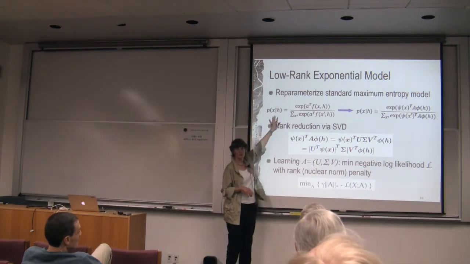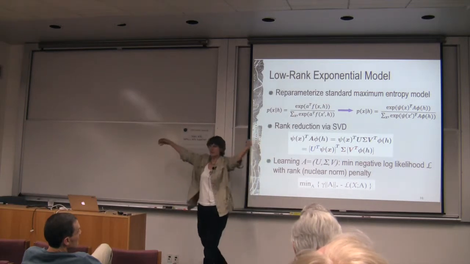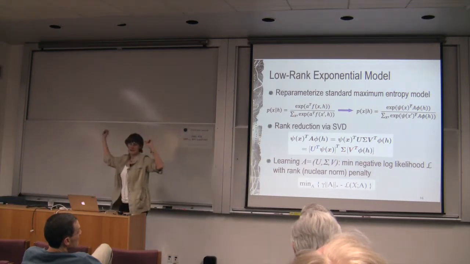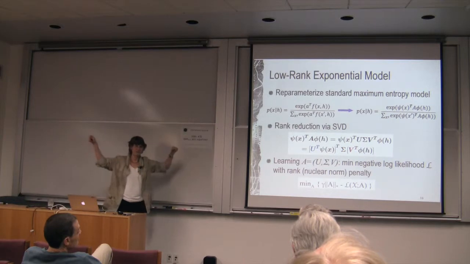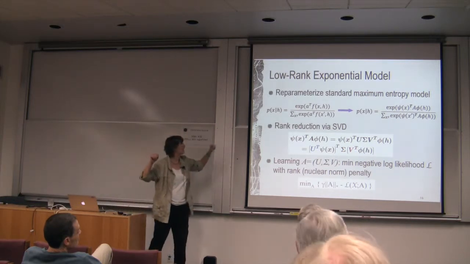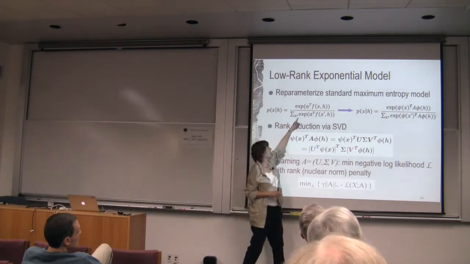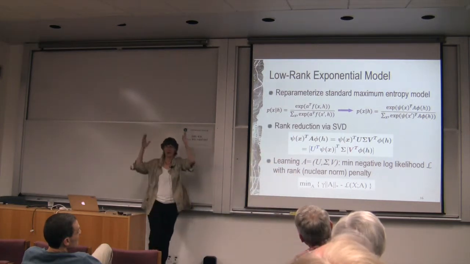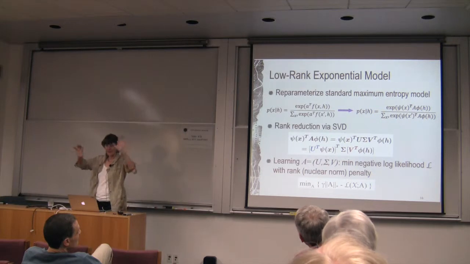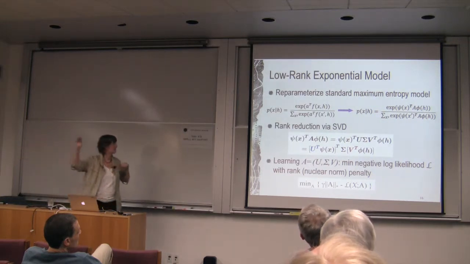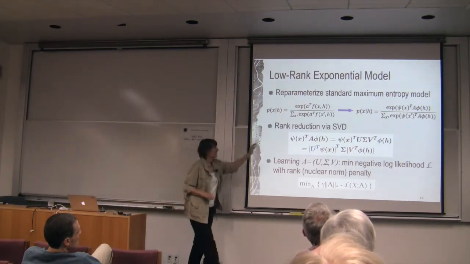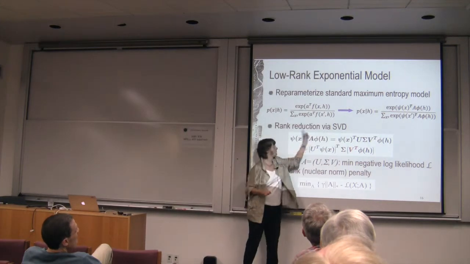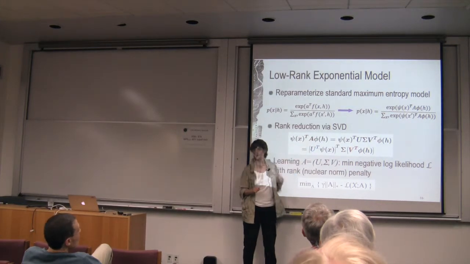The maximum entropy model says I'm going to have a feature vector of my x's, my observations and my history, and then a weight vector. Now I'm going to rewrite that and have the observations as a matrix, not a vector, and then the history. If I take the log of that, I'm left with this bilinear function.